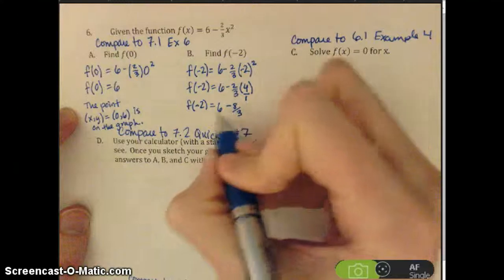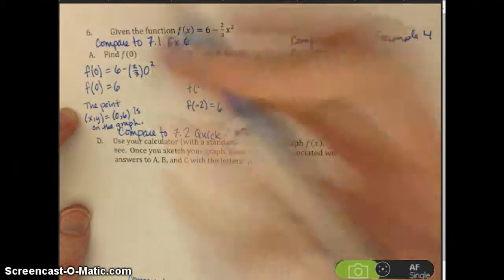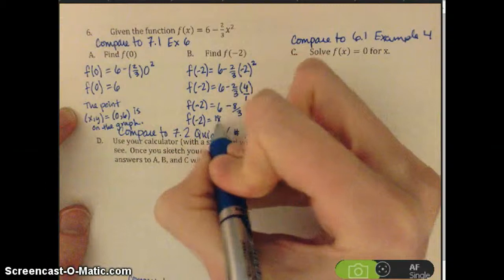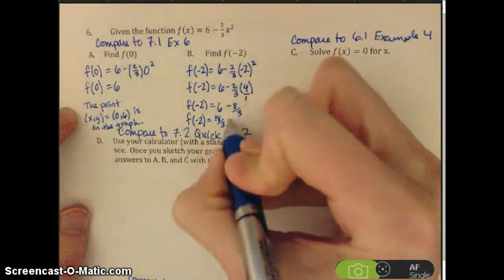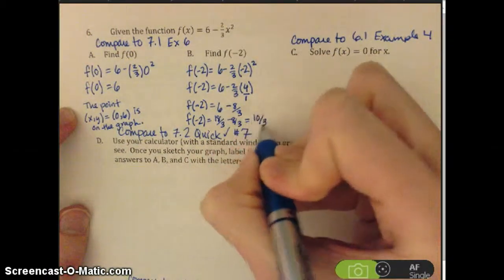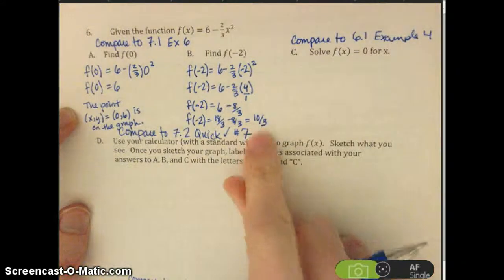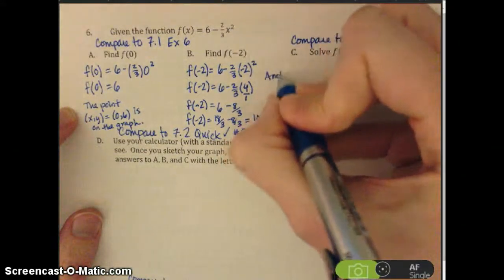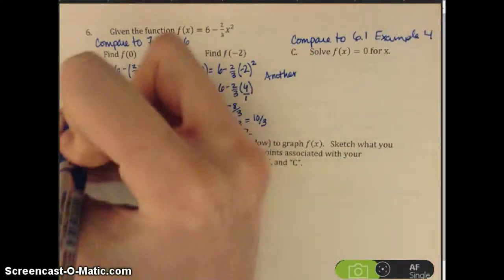And then maybe I want to do a common denominator. 18/3 is equivalent to 6. So in the end here I've got 10/3. So another point. Let's see.